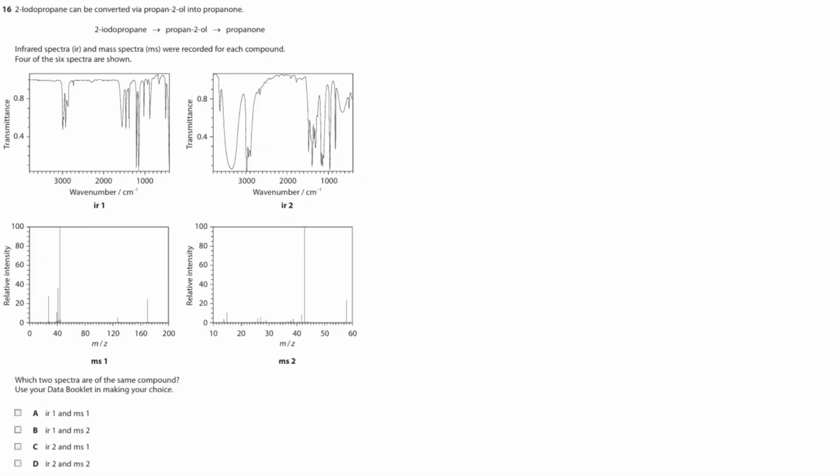Infrared spectra and mass spectra were recorded for each compound. For 4 of 6, spectra are shown. Okay, so we have infrared spectra, IR1, IR2, and mass spectra. Which of the two spectra are the same compound? Use your data booklet in making your choices.